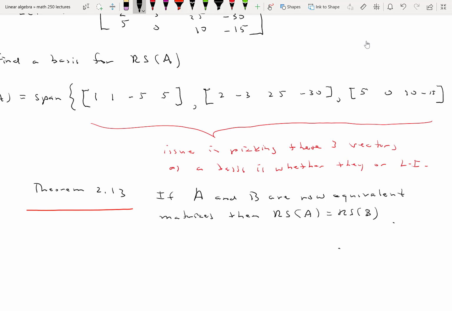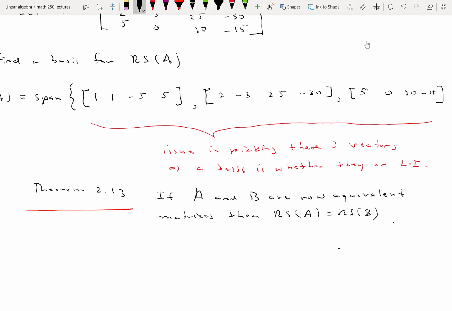If A and B are row equivalent matrices, then the row space of A equals the row space of B. Now look at what that's saying. If you reduce A to RREF, and the RREF is B, then the row space of the original matrix is equal to the row space of that row reduced matrix.